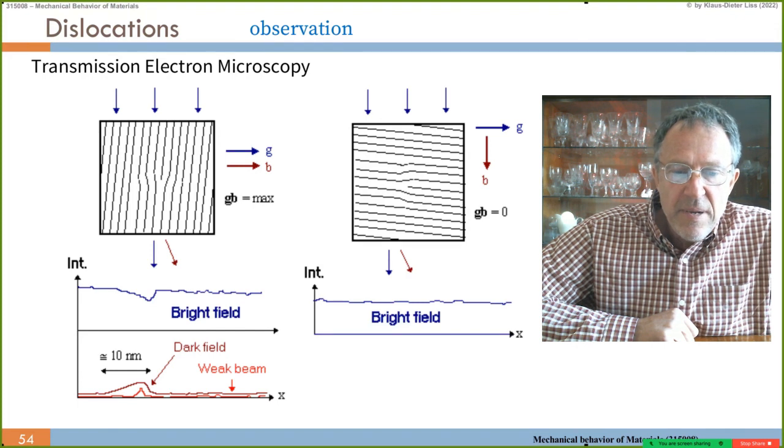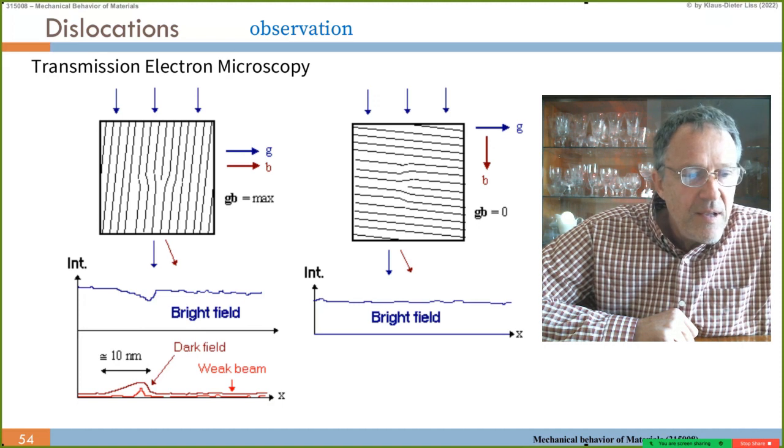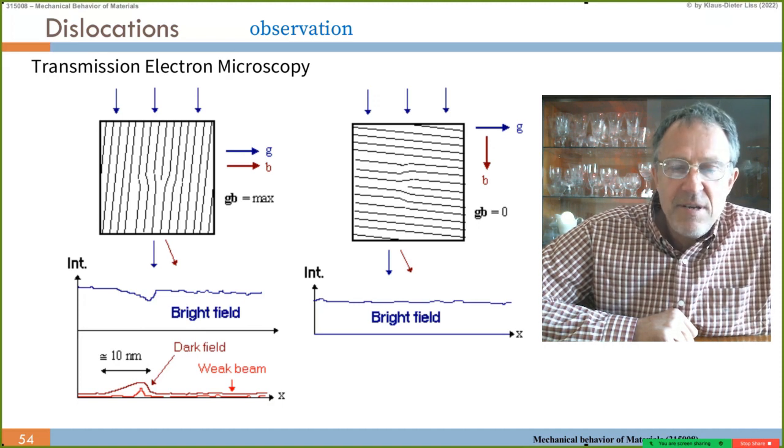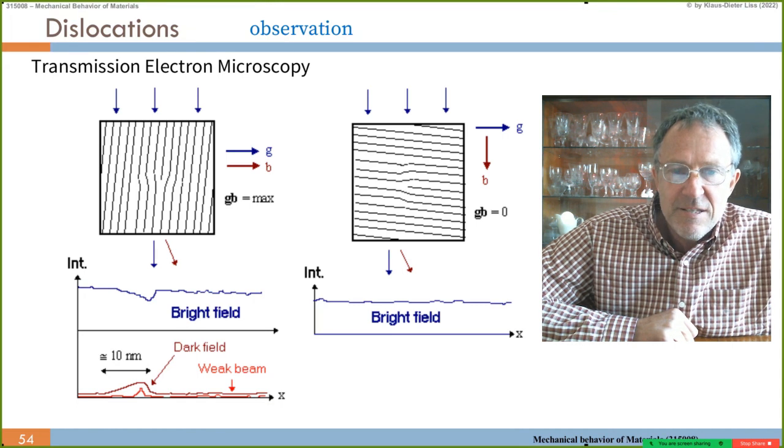This takes more than 5 minutes for me to introduce, so I better stop here and resume next time to finish up with the characterization of dislocations, and then we come to effects in materials where the dislocations play a role, like slip planes, macroscopic slip planes, orientations, Hall-Petch grain size dependence, and so on.